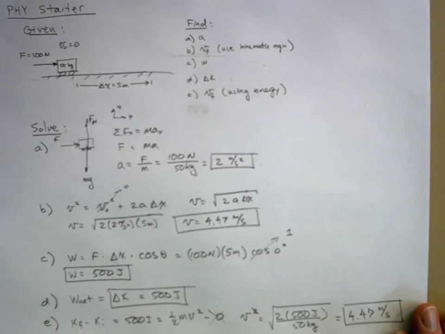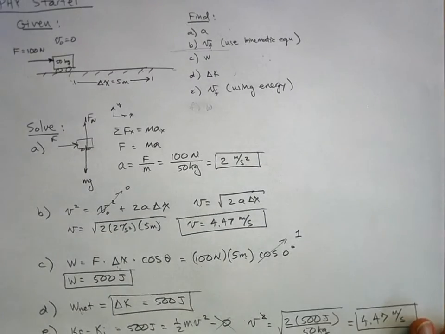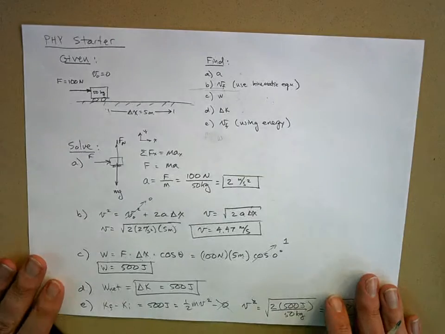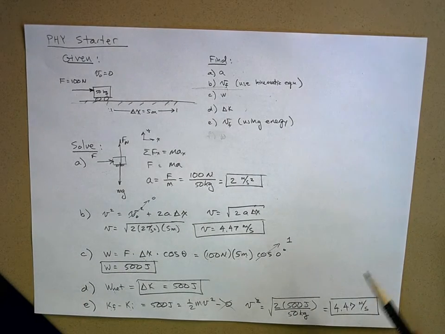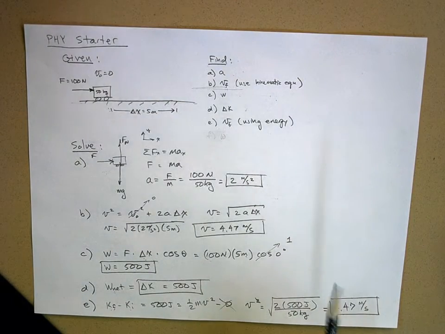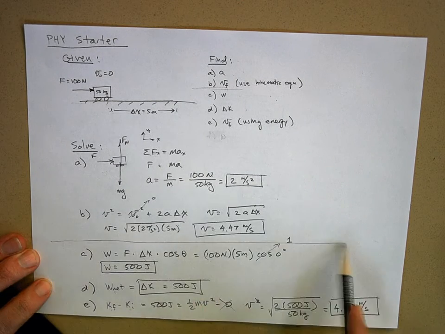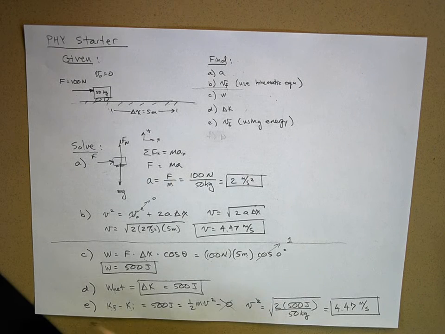So here's the whole problem. If we can get it all on screen. So look, if you compare this, which method is easier to find the final velocity?